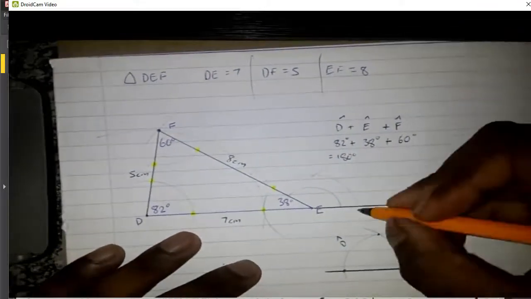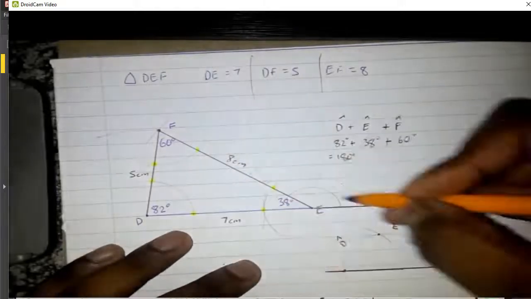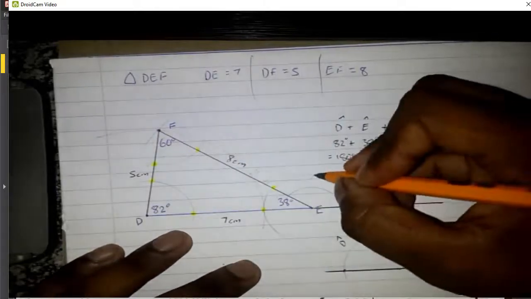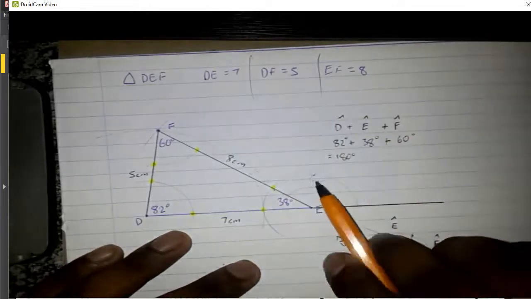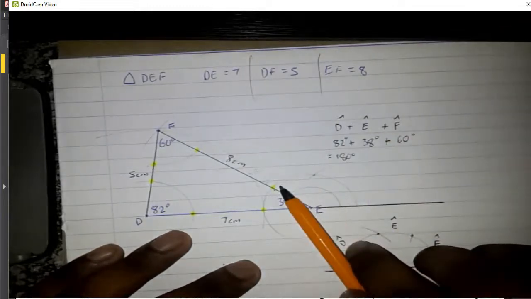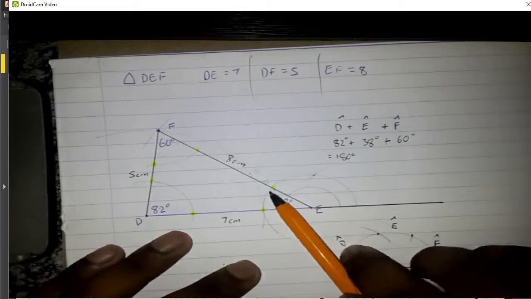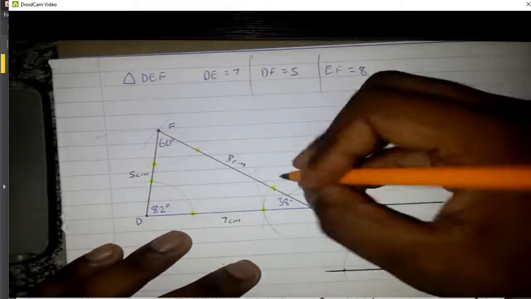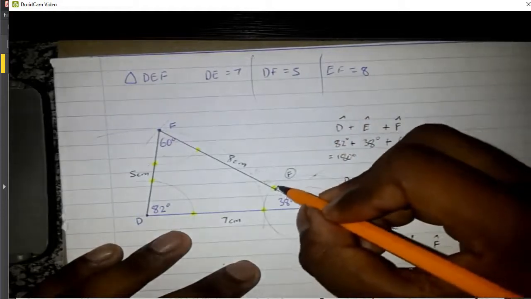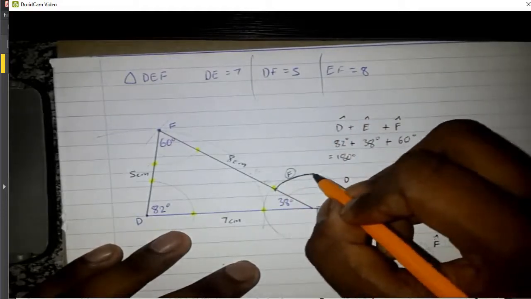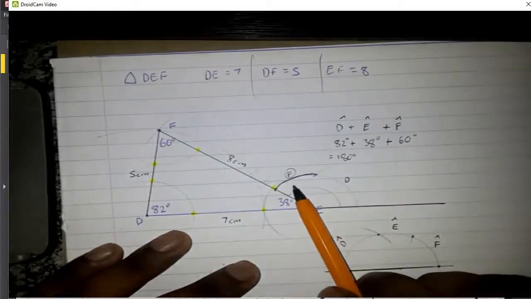So our opening from here to here was angle D. We put that there. We landed off here. From here to here was angle F, F's measurement.